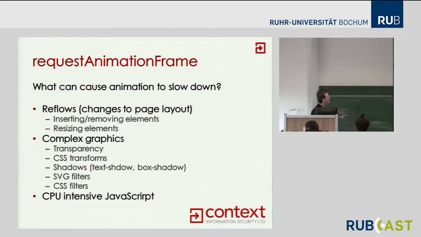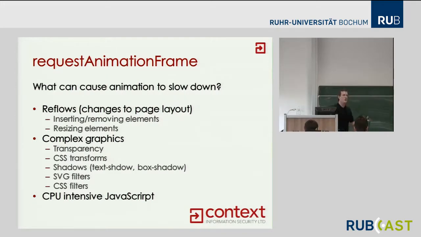Aside from reflows, browsers also support some very interesting graphics features now, so they can do transparency. CSS transforms is something that's relatively new, and you can use that to rotate items on the page. You can make them bigger or smaller. You can do 3D transforms as well, so add perspective to elements, and that can take some time.